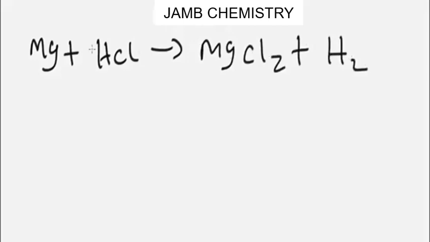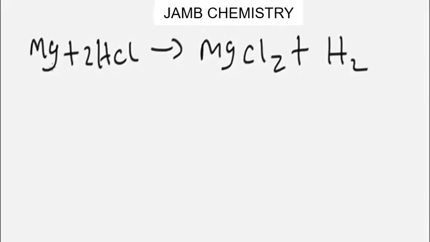Now you balance this chemical equation. Chlorine is 2 at the right, so you add 2 here. Chlorine is now balanced. Magnesium is 1, magnesium is 1, hydrogen is 2, hydrogen is also 2. So this chemical equation is now balanced.